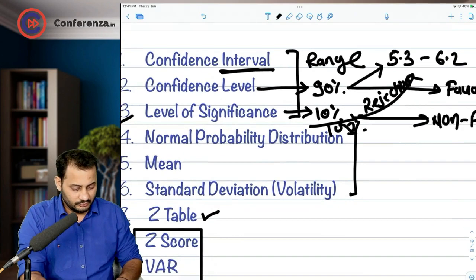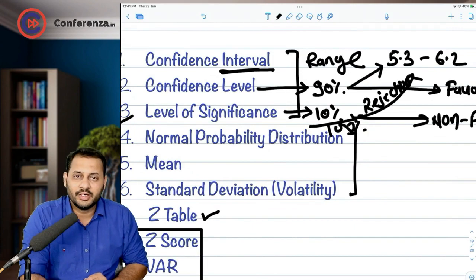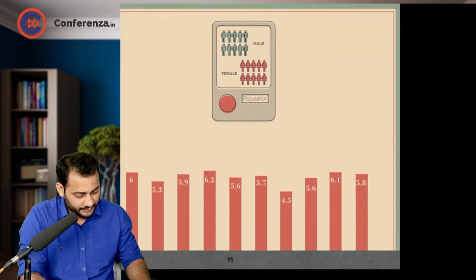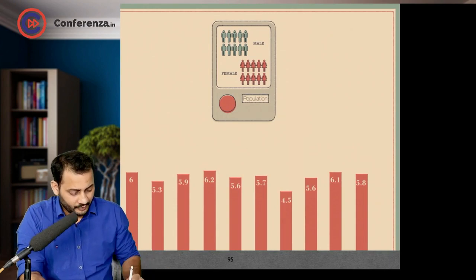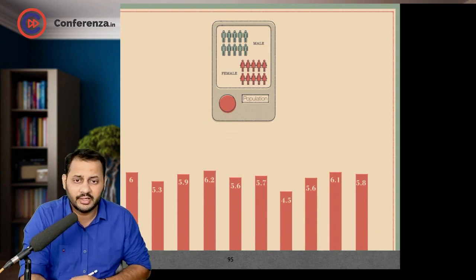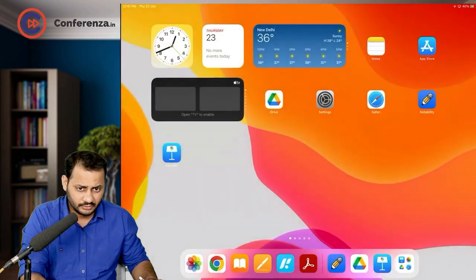Now come to the fourth point, which is normal probability distribution. Let me give you some examples about it.